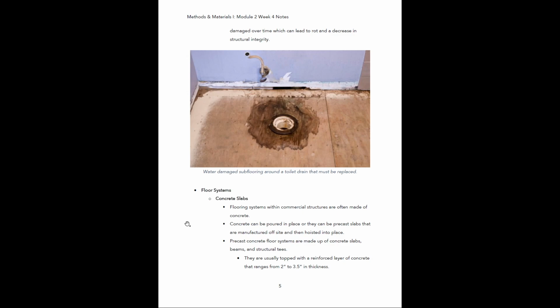Concrete can be poured in place, or a concrete floor system can consist of precast slabs that are manufactured off-site, or maybe they're poured in a different location than where they're going to be permanently installed, and then they're hoisted into place. All right. So precast concrete floor systems are made up of concrete slabs and beams and structural tees. And then they're usually topped off with a reinforced layer of concrete that ranges from 2 to 3.5 inches in thickness.